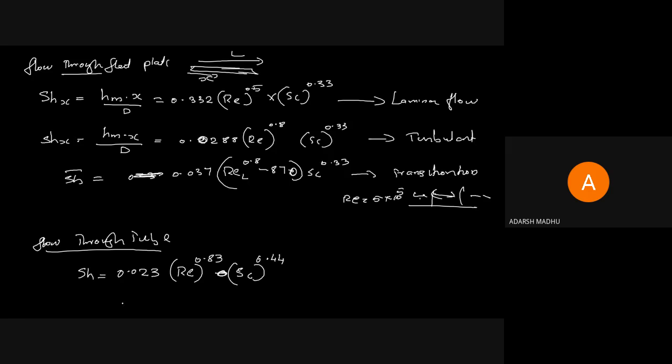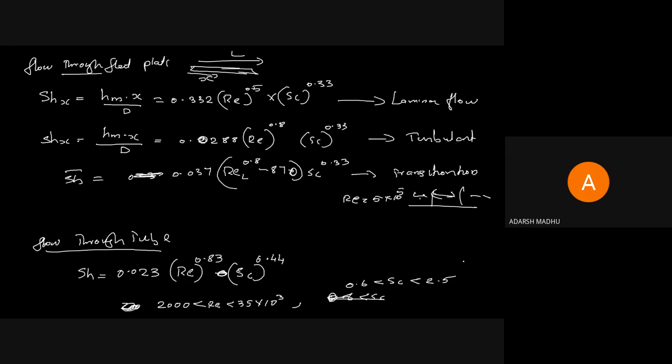This case applies when 2000 less than RE less than 35 into 10 power 3 for flow through pipe, and for the SC value, 0.6 less than SC less than 2.5. This is the case. These are the equations we are using to do the problem.